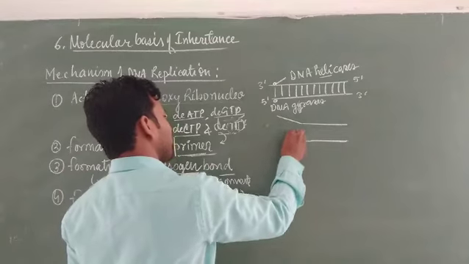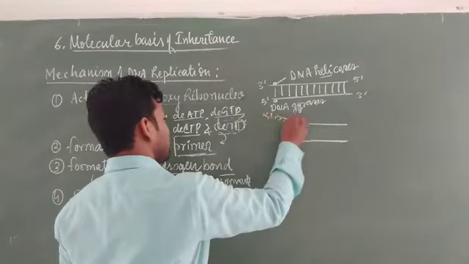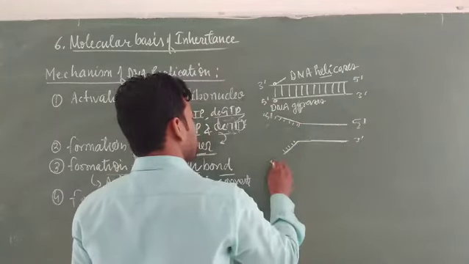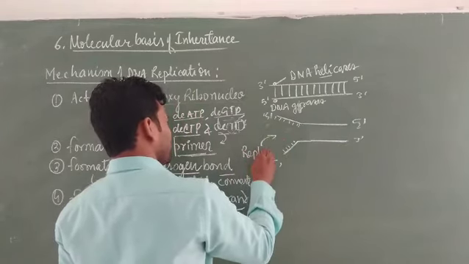Suppose some part of DNA gets uncoiled. This is a 3' end, this is a 5' end. This is a 3' end, this is a 5' end. Here formation of the replication fork takes place.